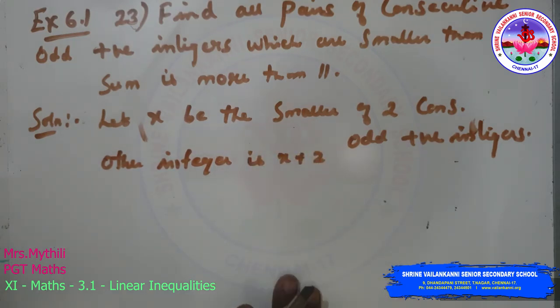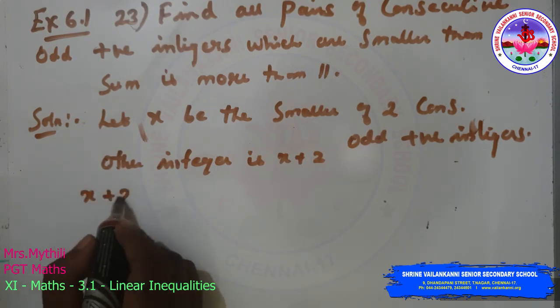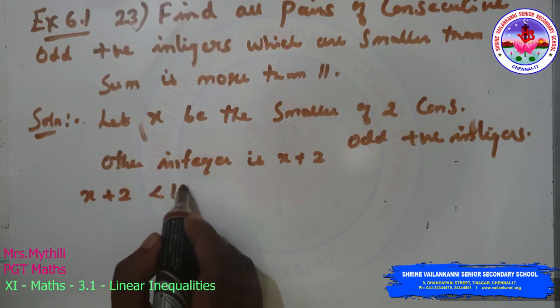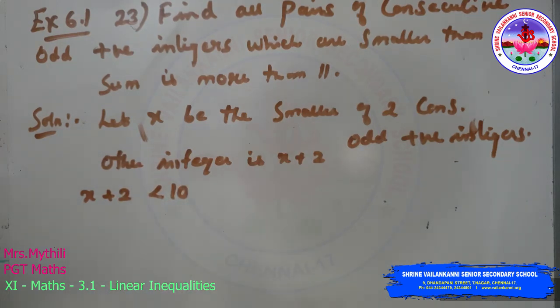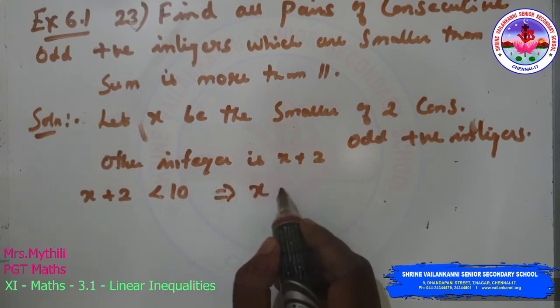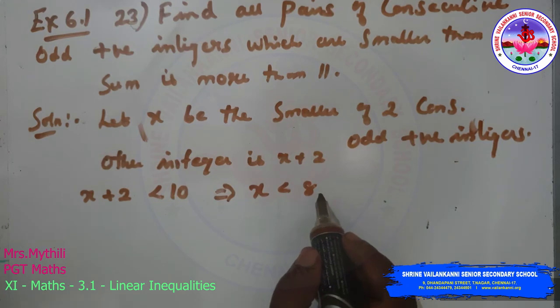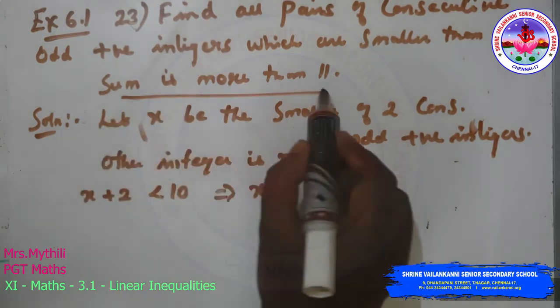Since both the integers are smaller than 10, that is x plus 2 is less than 10. So subtracting 2 on both the sides, we get x is less than 10 minus 2 is 8. And sum of the two integers is more than 11.